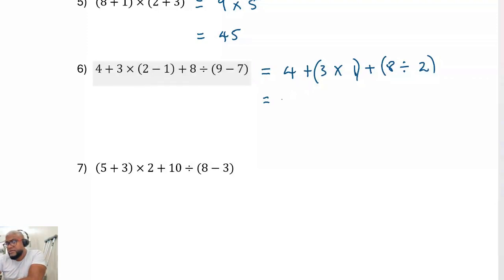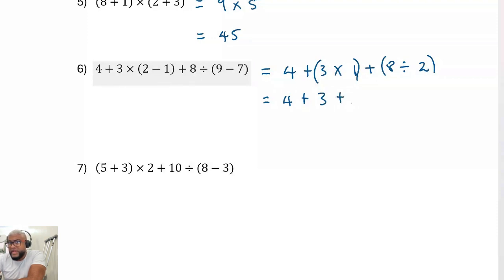3 multiplied by 1. So what am I putting first? 4 plus. Yeah, put back the 4, right? 4 plus 3 multiplied by 1 is what? 1. 3 multiplied by 1 is not 1. 3 multiplied by 1 will give me 3, right?